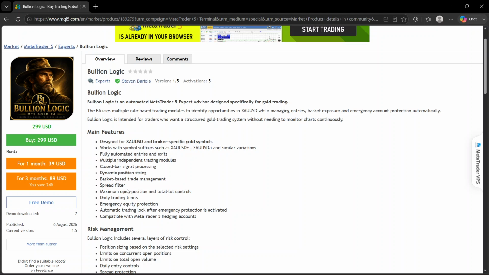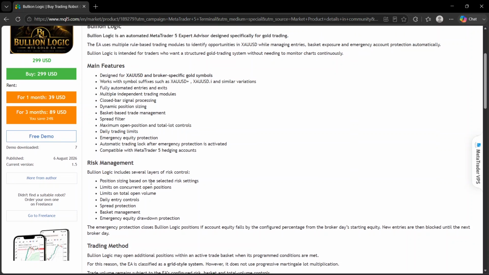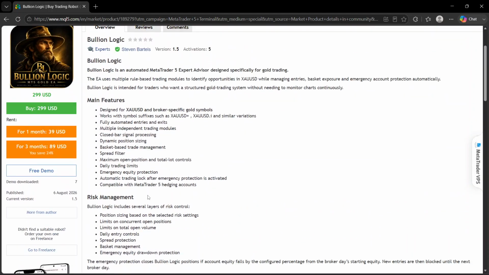That is the core of how they say it works. Modules fire on closed bars, positions can build into a basket, and the basket gets managed as a group. Now let's go to how it runs.